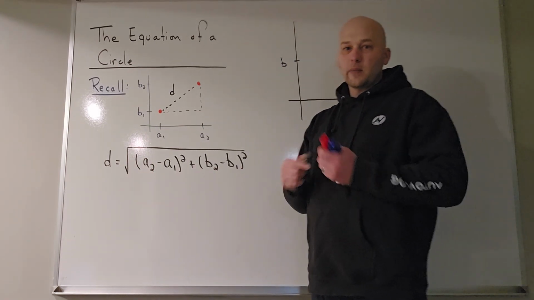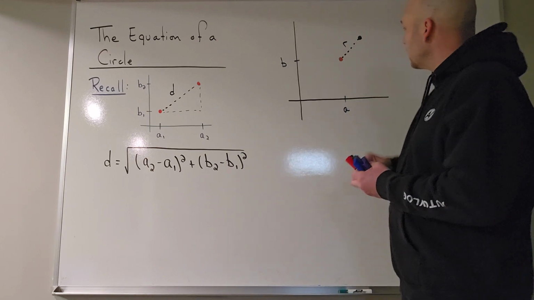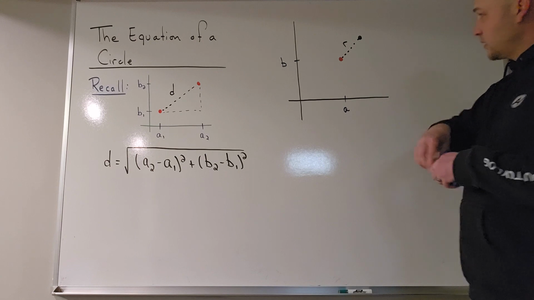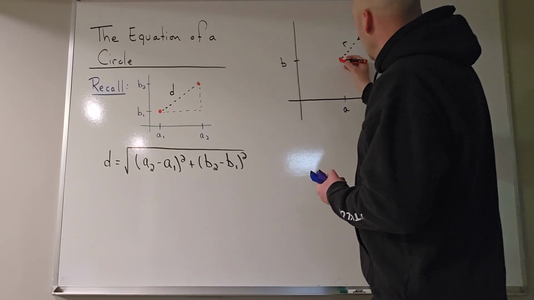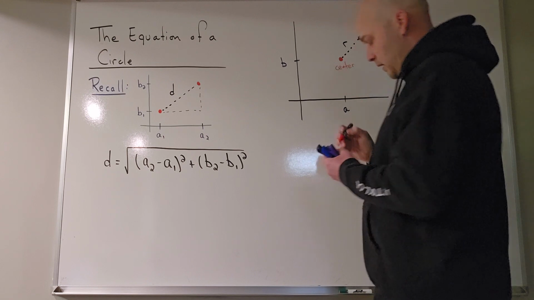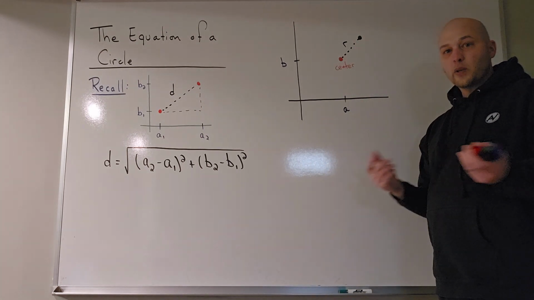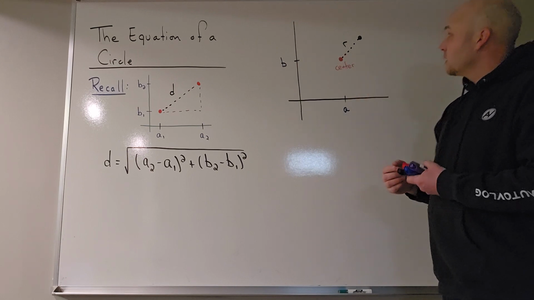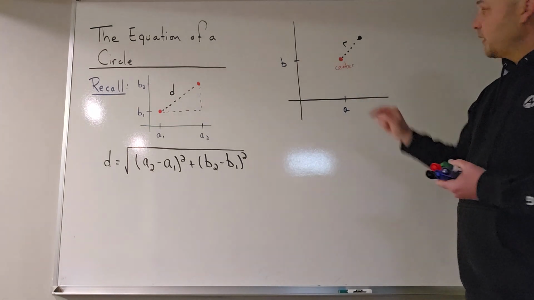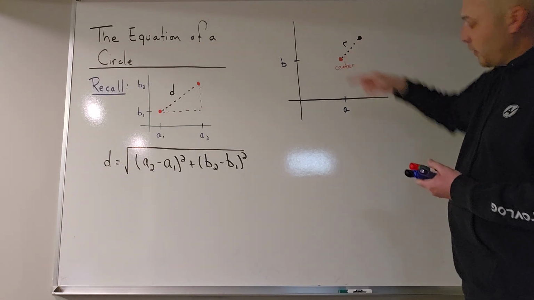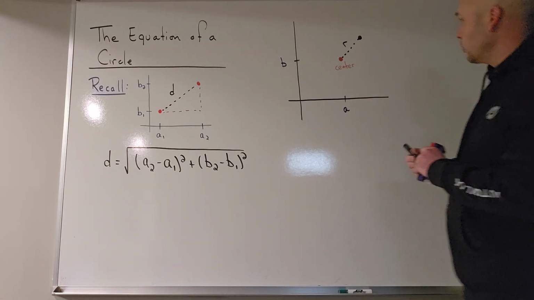Now let's look at the concept of a circle. The circle means if I have this point here, which is over A, B, and we call that the center, the circle with a radius r centered on AB consists of every single point that has distance r from it. So if this point here has distance r from the center, that point would be on the circle.